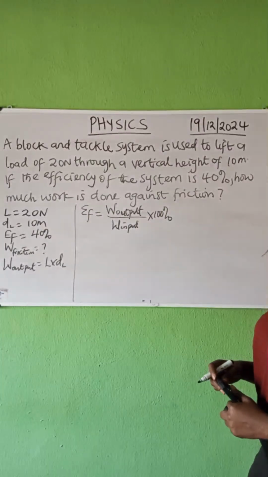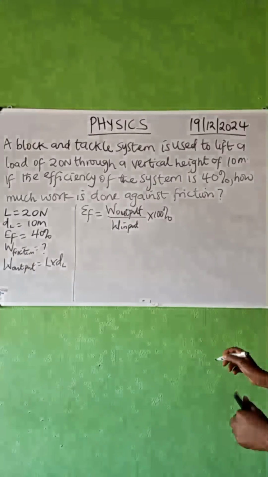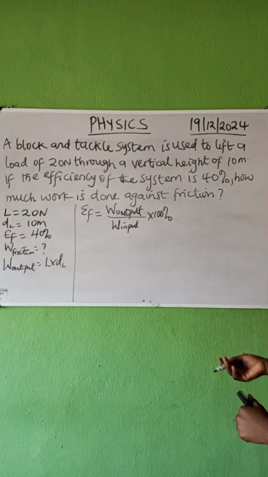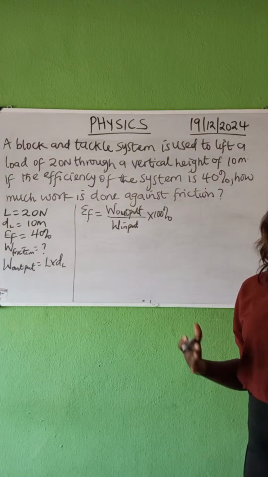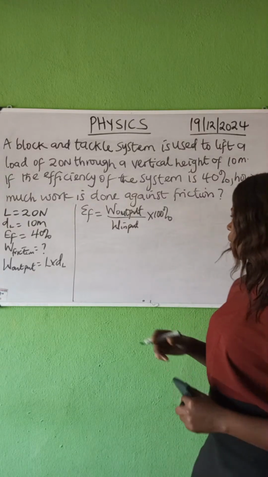Is that okay? All right. So let us get the work input, because you're looking for work done against friction. By the time we get our work input, it will help us to calculate the work done against friction. All right, so let's go.